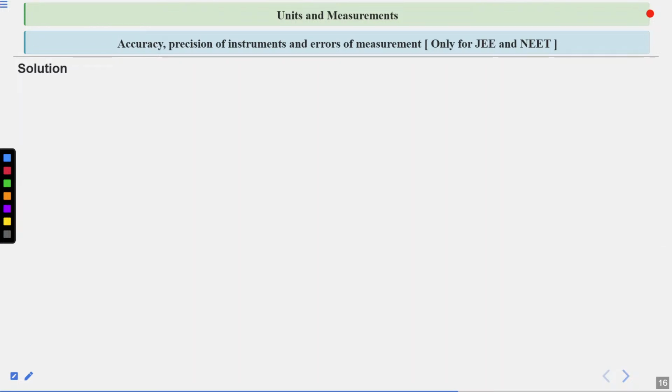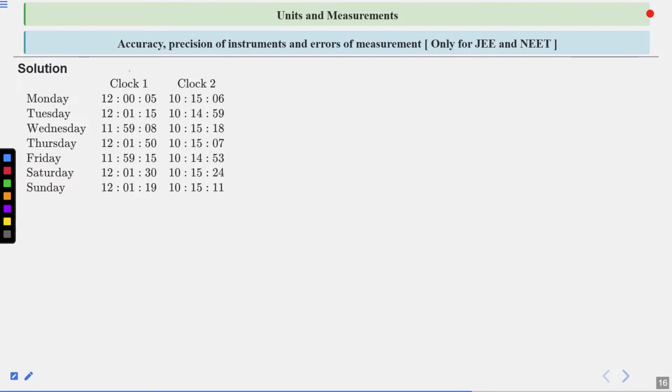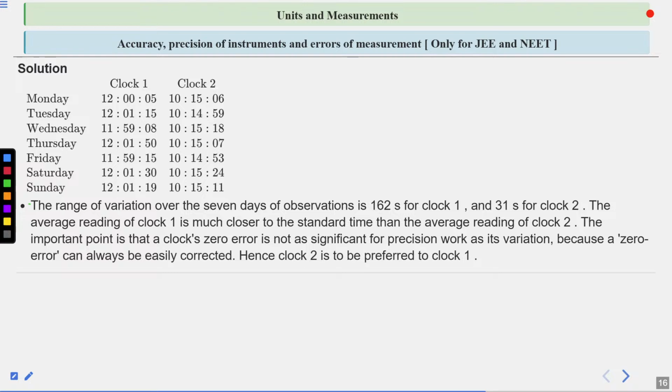Solution. So clock first and clock second, their readings. The range of variation over the 7 days of observations is 162 seconds for clock first and 31 seconds for clock second.